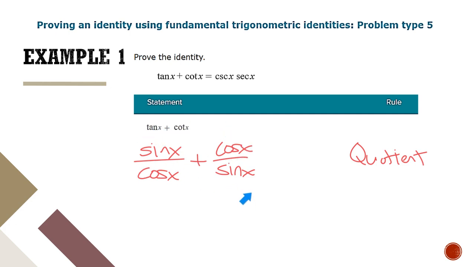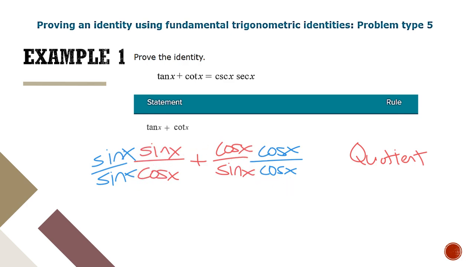Now, these are two fractions, and I can add two fractions together by making a common denominator. So I can multiply by cosine of x over cosine of x, and sine of x over sine of x, to both of these fraction parts to make a common denominator.